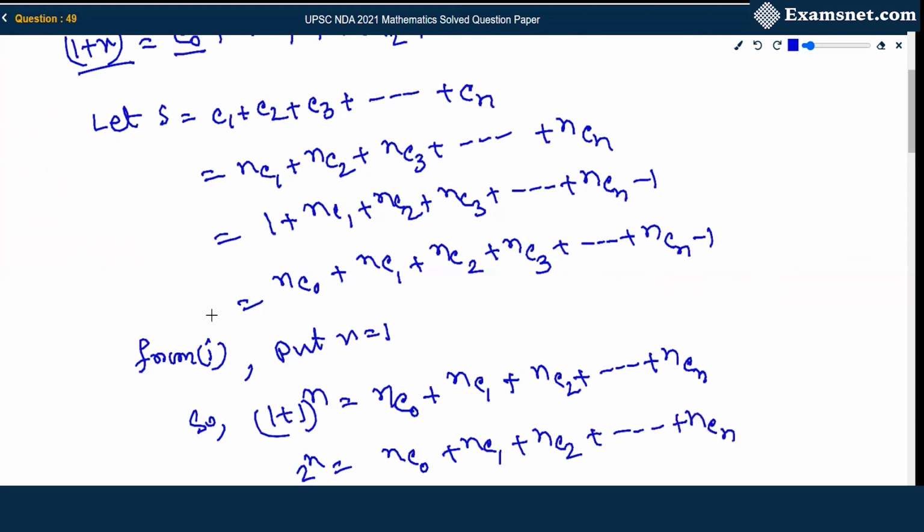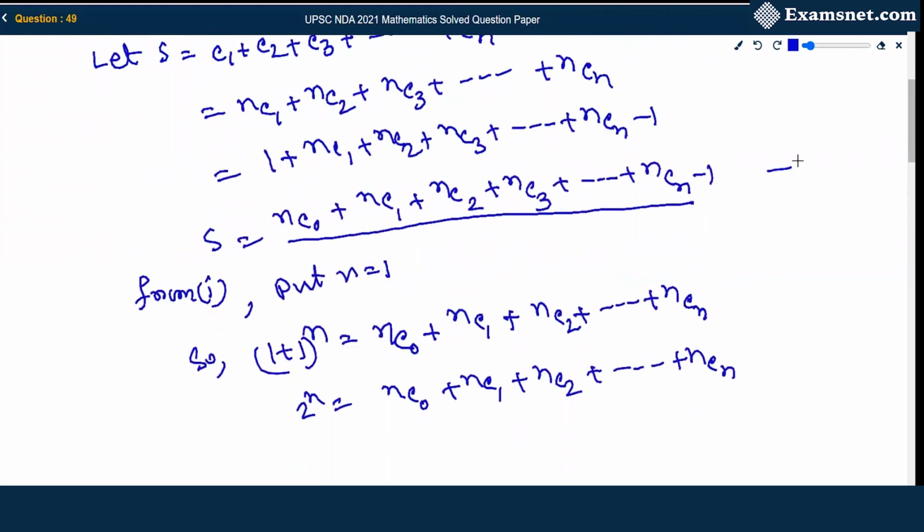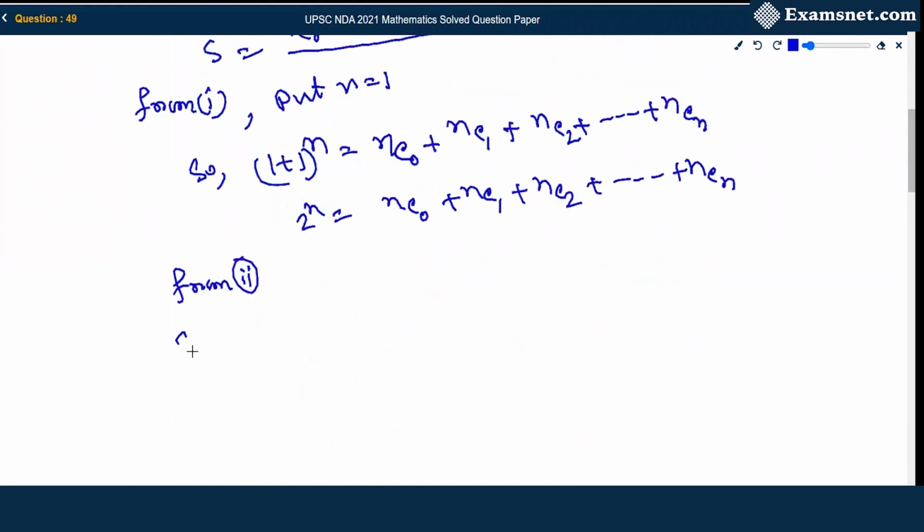Now look at the expression of S. It's giving the same exact value of 2 to the power n minus 1. Please name it equation 2. So from 2, S equals 2 to the power n minus 1.